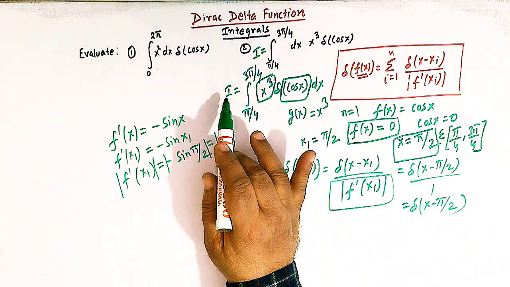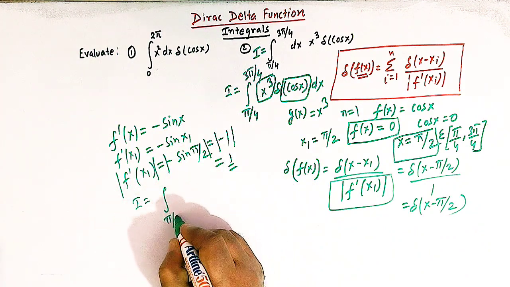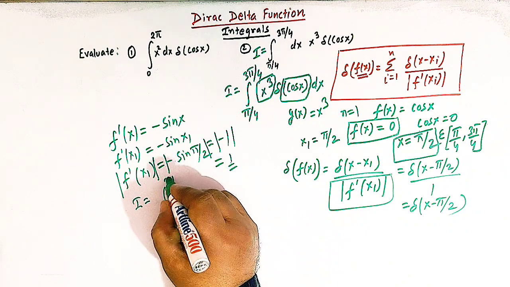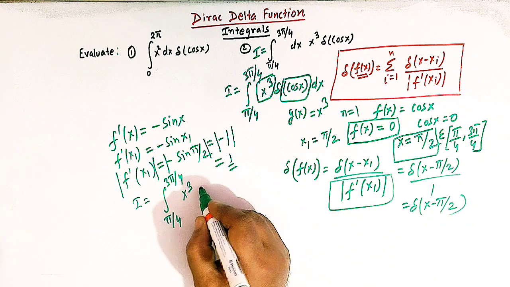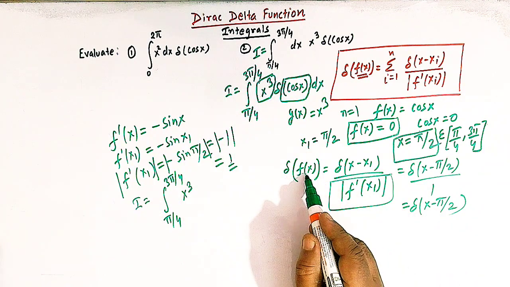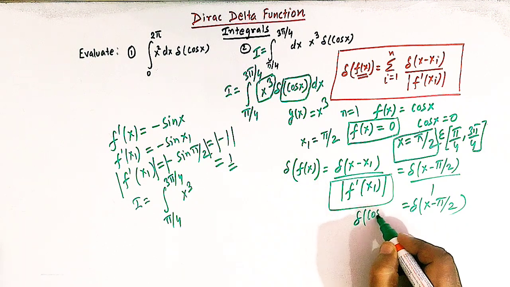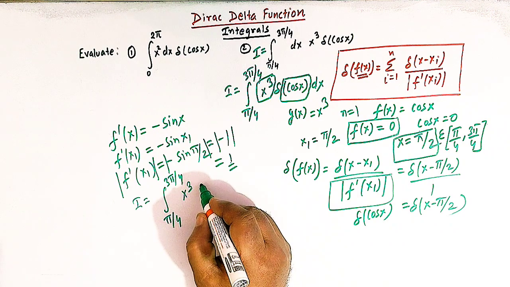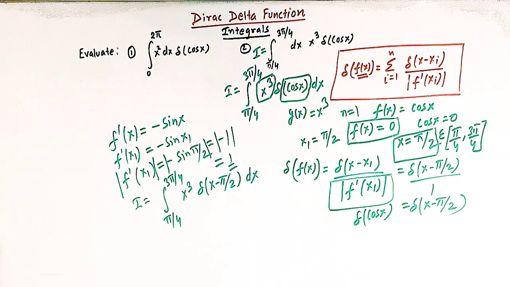Now this integral I takes the form pi by 4 to 3 pi by 4, x cube, and delta of cos x, which is equal to delta of x minus pi by 2.